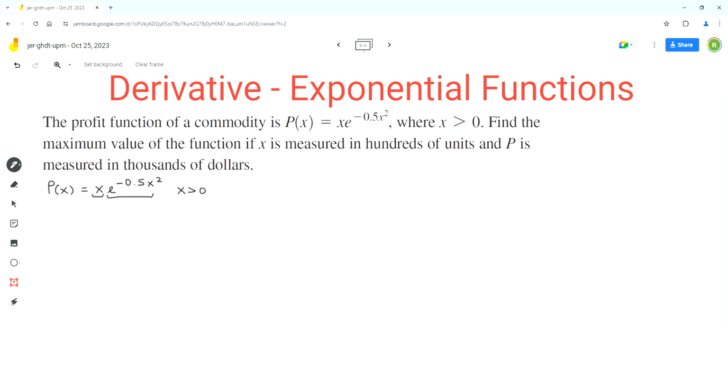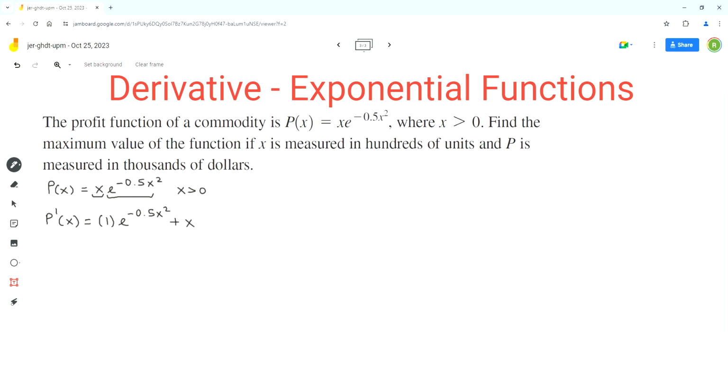So as per the product rule, we start with the derivative of the first function, that is x, and the derivative of x is 1, times the second function, plus the first function times the derivative of the second function.